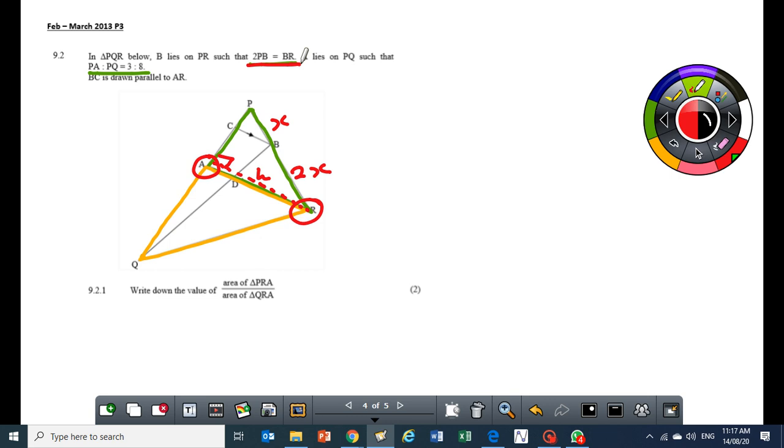Then PC, if I use the proportion theorem in triangle, we said BC is parallel to AR. So if I use the proportion theorem in triangle PAR, you find that PC I can call it Y, and AC I can call it 2Y.